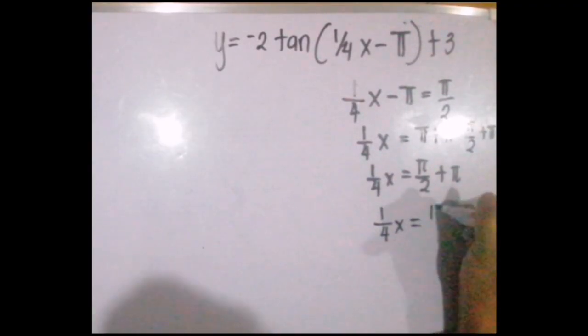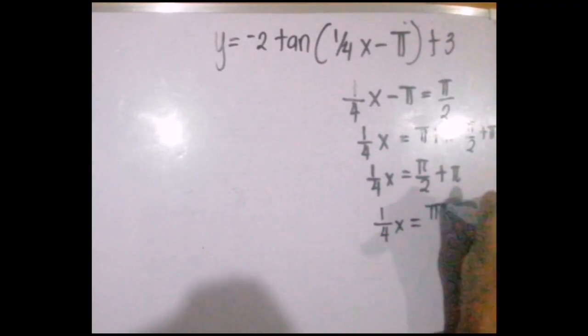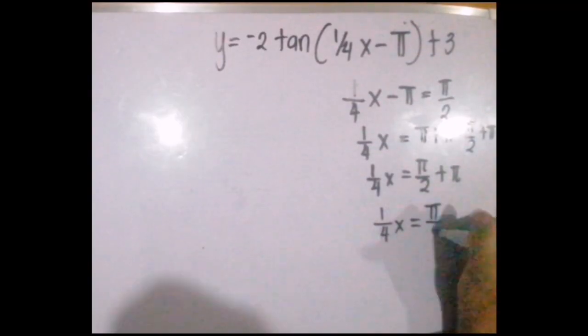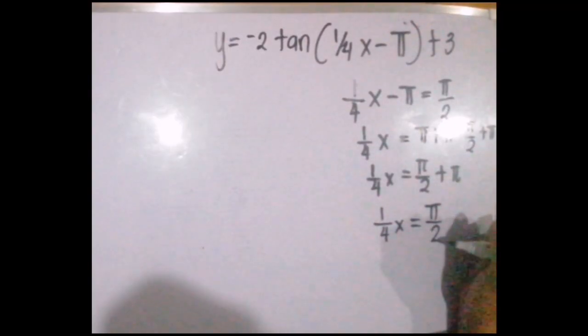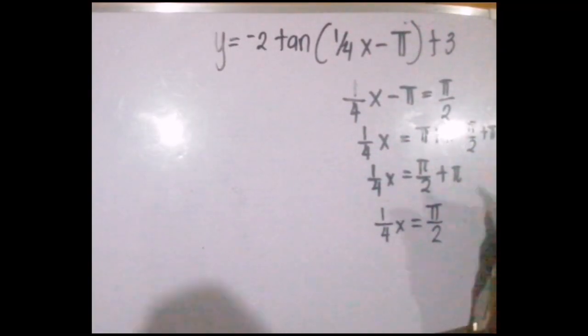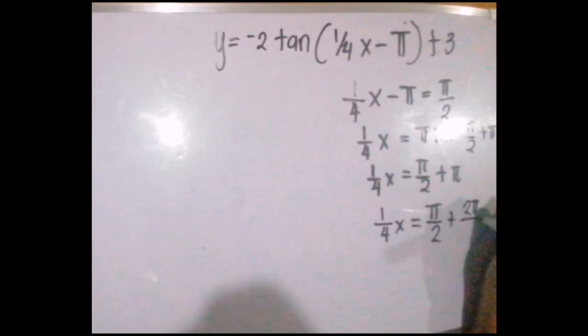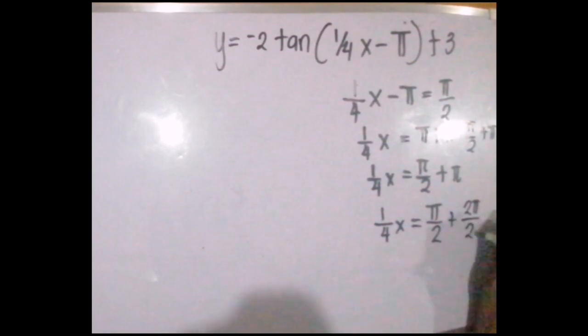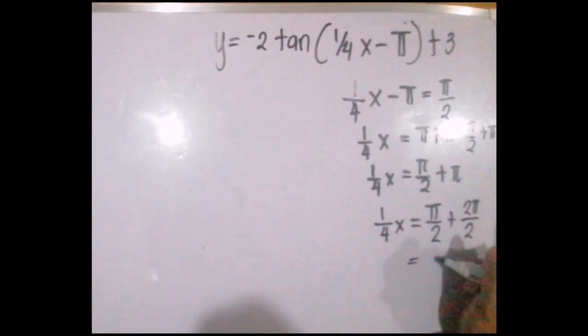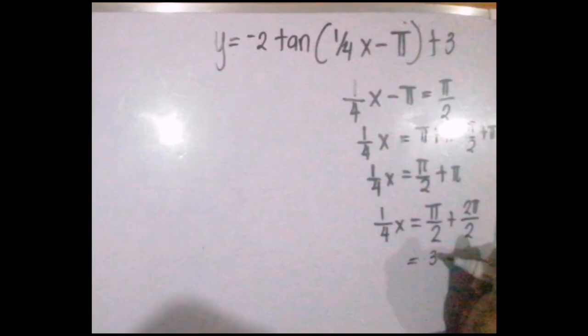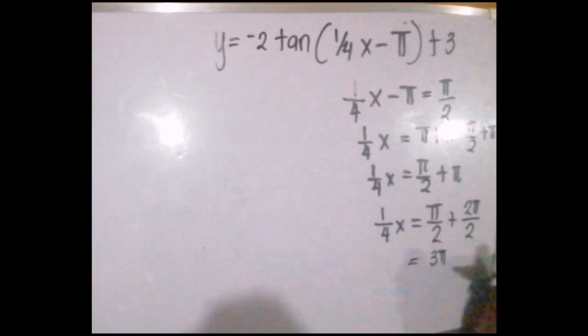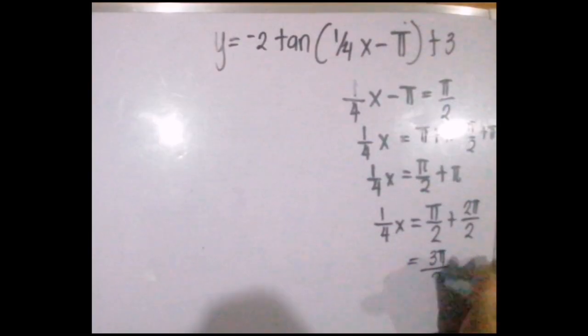1/4 x equals pi over 2 plus 2 pi over 2. So 2 pi plus pi equals 3 pi over 2.